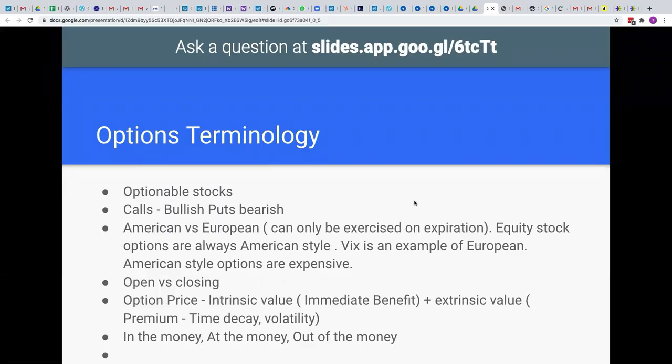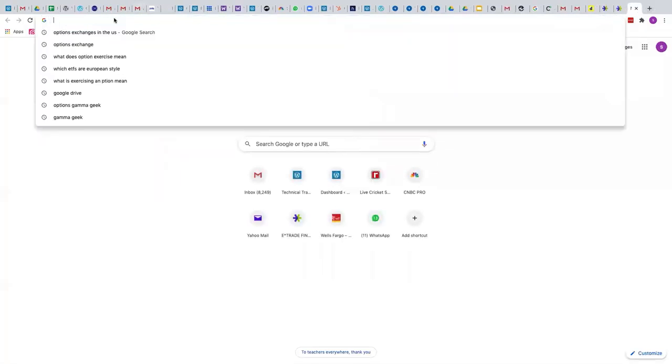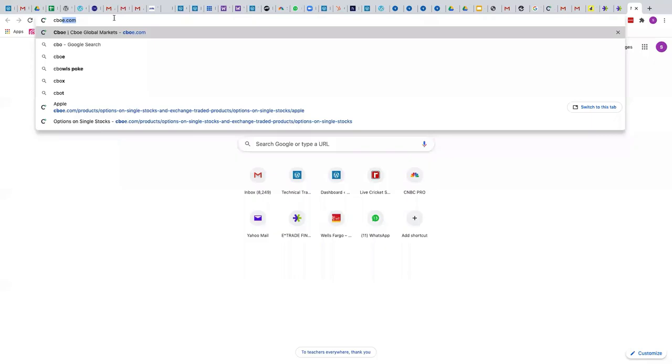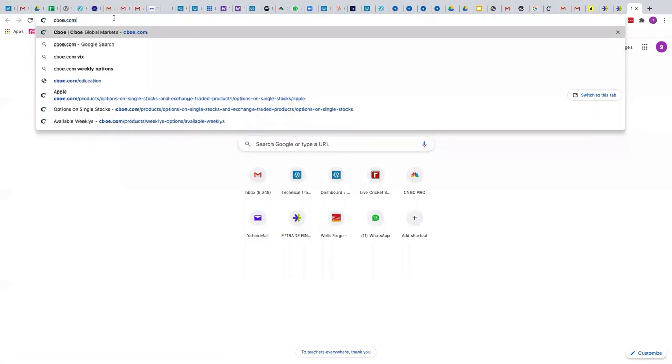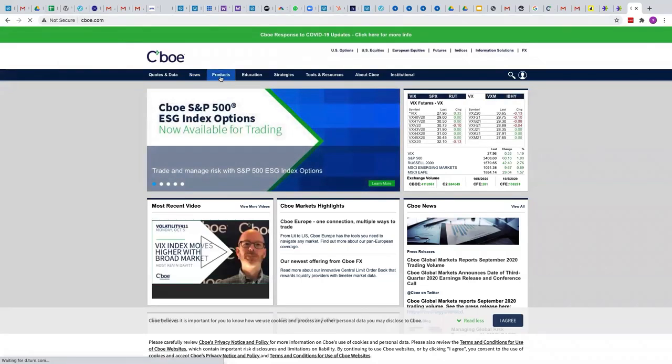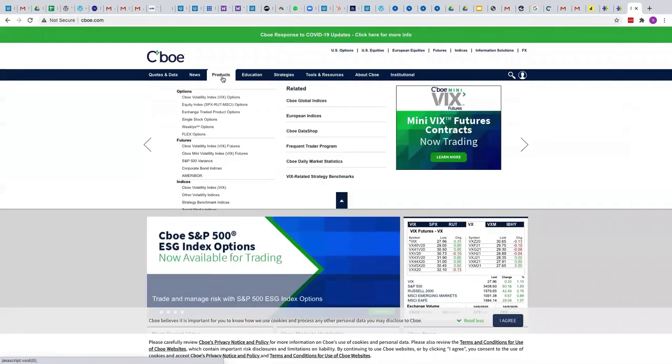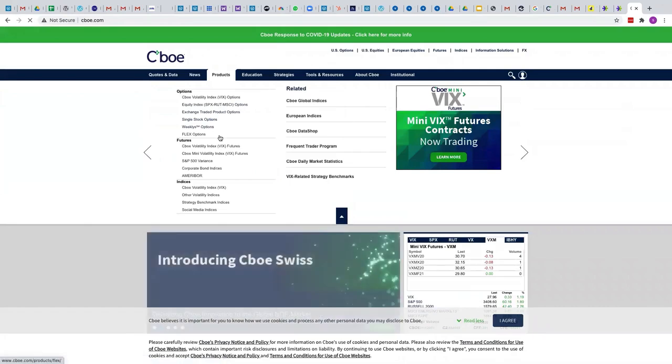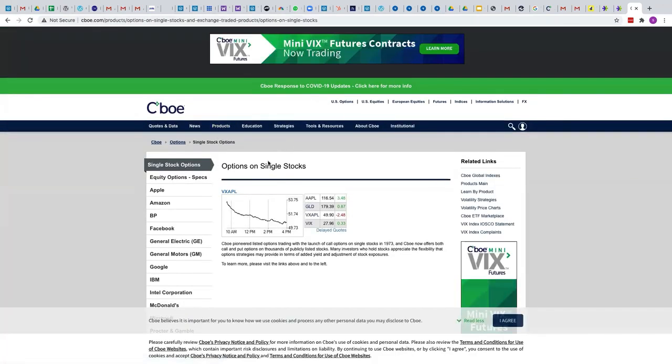What it means is, let me show you an example. If you go to CBOE.com, which is a big options exchange, and you click on products and then single stock options, let's see what happens here.